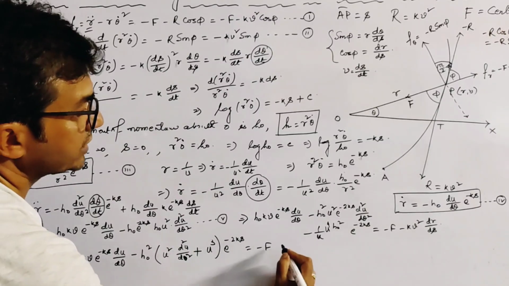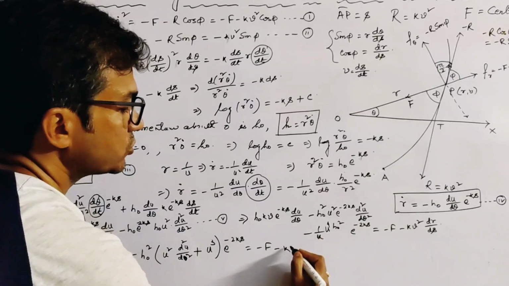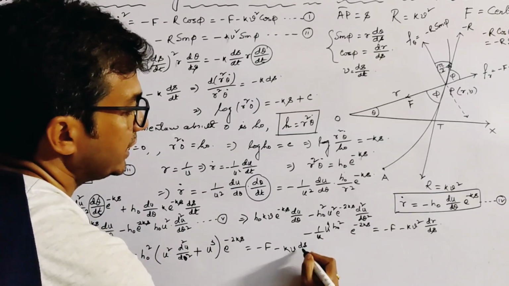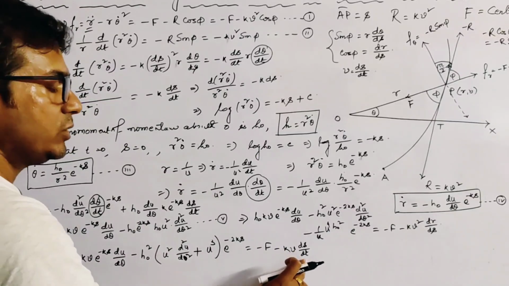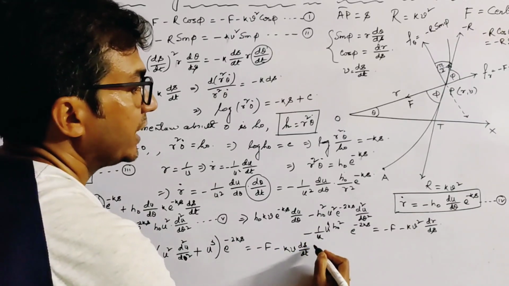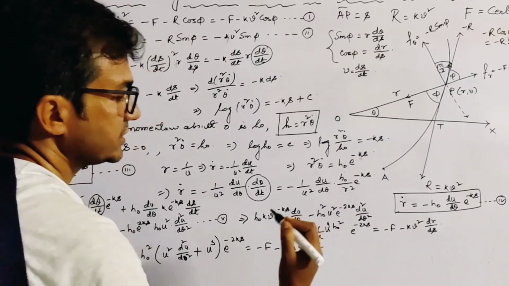This is equal to minus f minus k into, we write v square as v into ds dt. One v remains fixed and one v we write ds dt, and into dr ds.